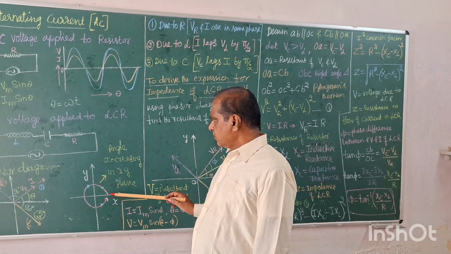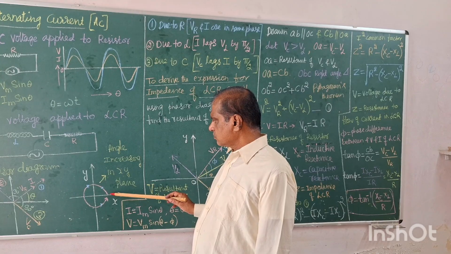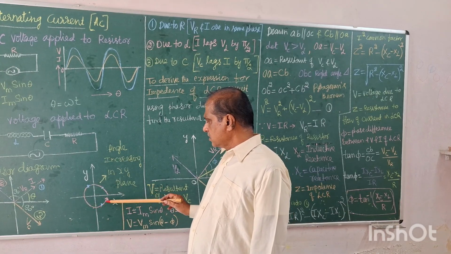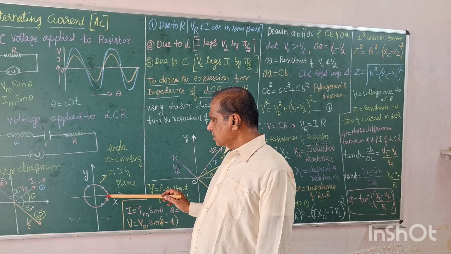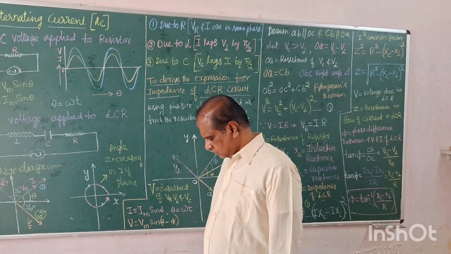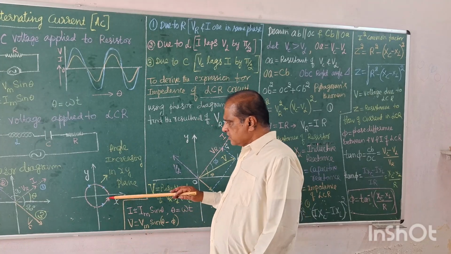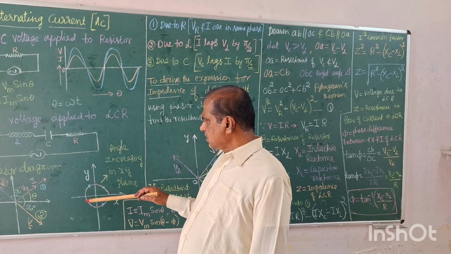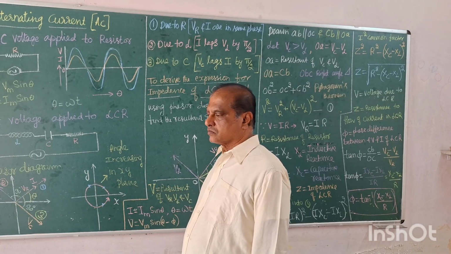This is a plane of xy coordinates. If you draw the direction in the anti-clockwise direction, it indicates an increase in angle. If you draw the same in the reverse direction, it indicates a decrease in angle.